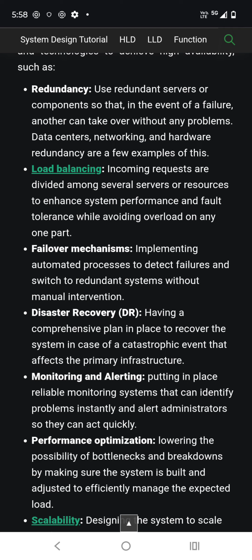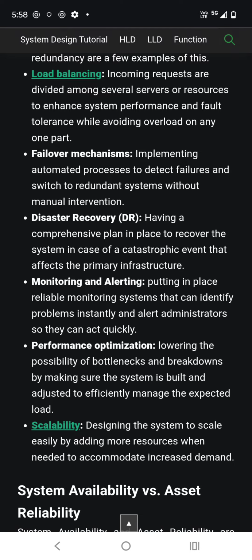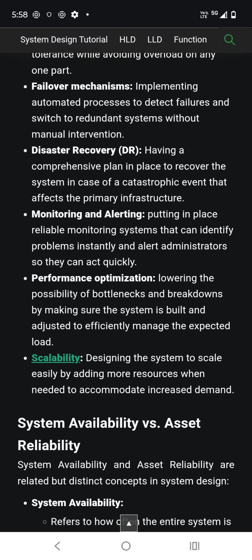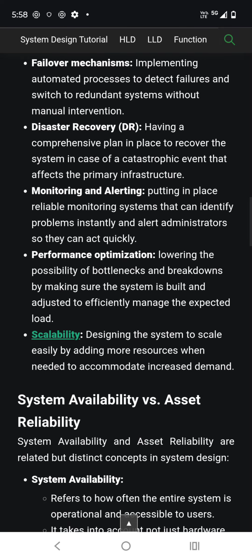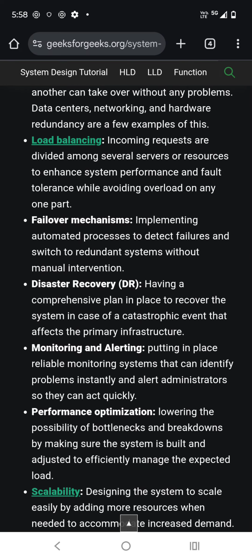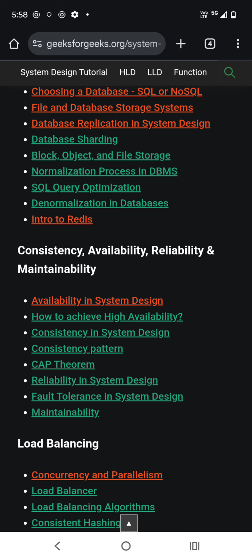In case something is destroyed or some server is not working, then immediately redirect the load to other servers. Meanwhile, repair the actual server and get the data back from the backup server. Monitoring, alerting, performance optimization, scalability. All these are factors, and we need to have all of them.